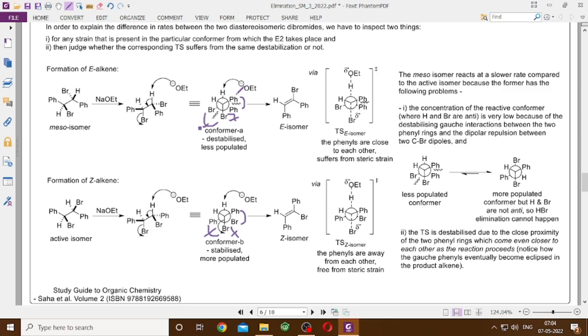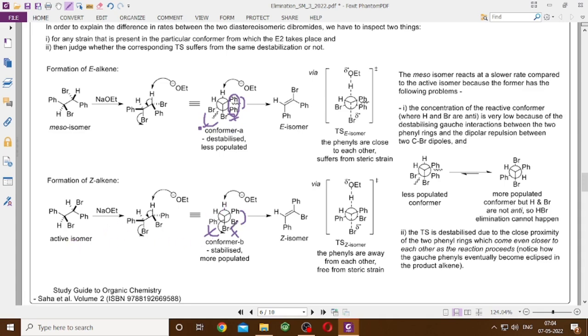So the only thing you are left with is the phenyl-phenyl gauche interaction, and here you don't have a phenyl-phenyl gauche interaction. The phenyl groups being large and bulky in nature, this is the most severe gauche interaction that you are going to face, and as a result, conformer A will be much less populated, and conformer B will be much more populated.